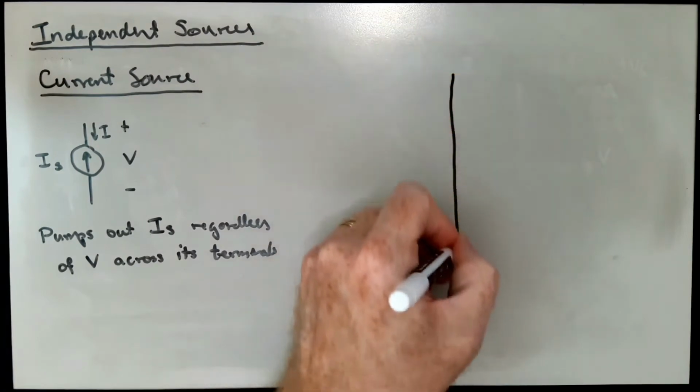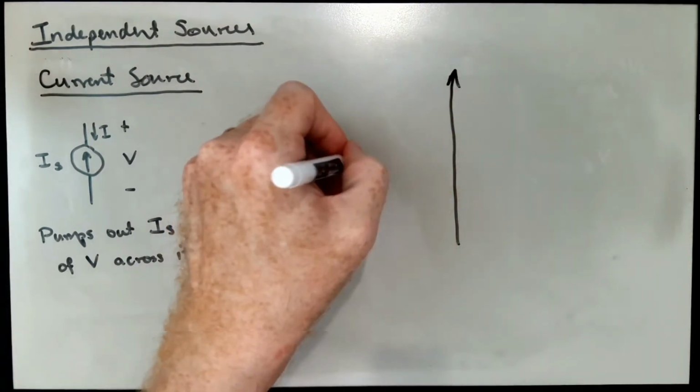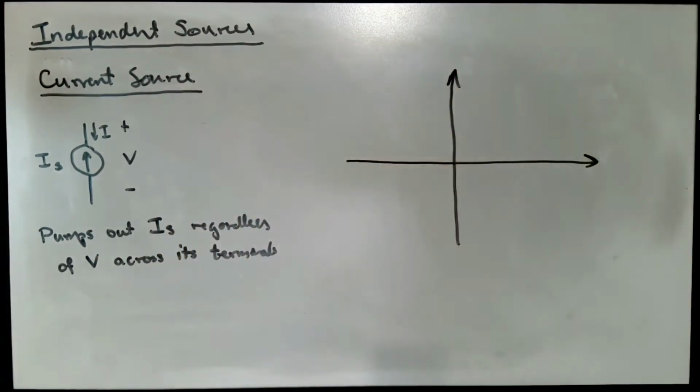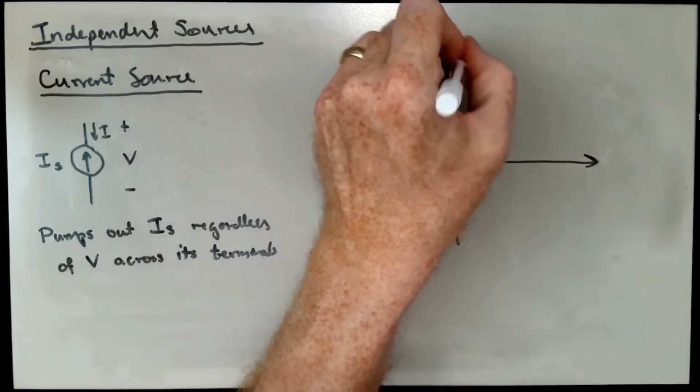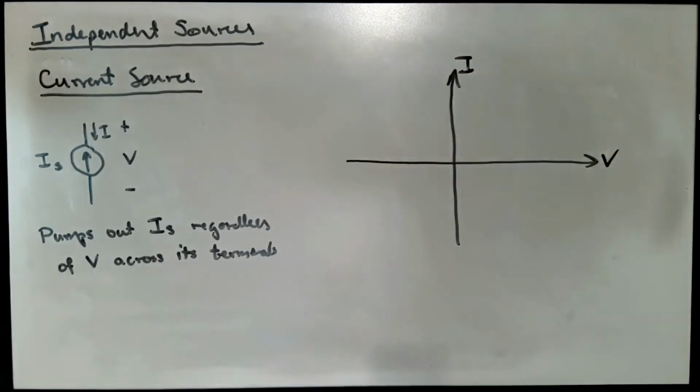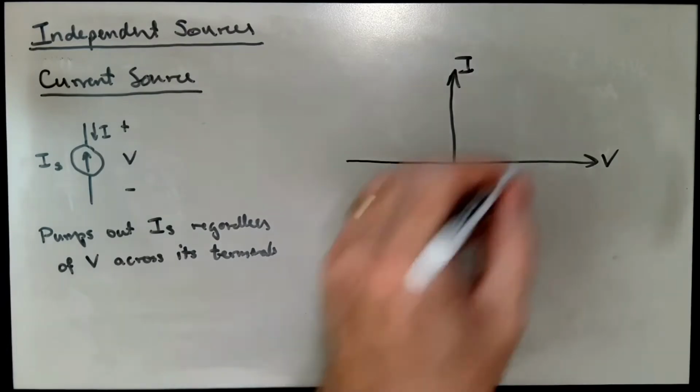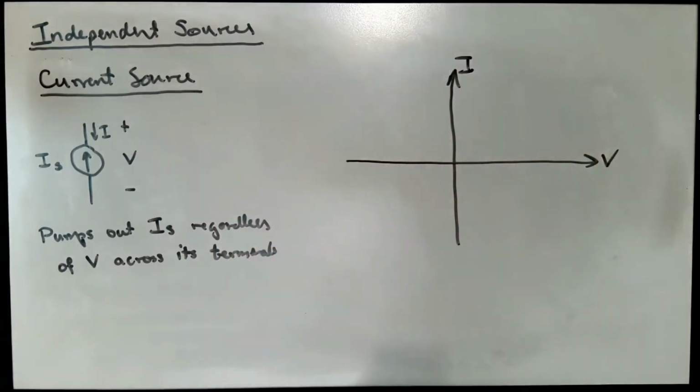So again, we can do an IV plot for an independent current source, and a constant current would be a horizontal line. And that horizontal line you might think would be at Is.